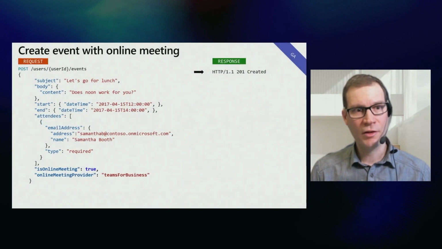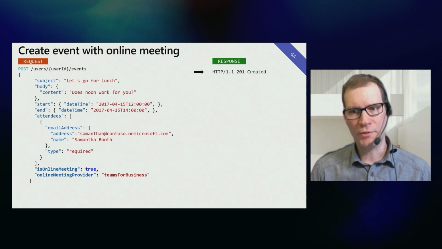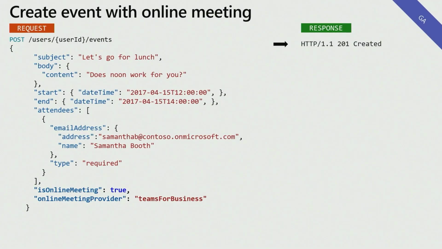Speaking of meetings, our app scheduled a meeting. To do that, we created a new event. The terminology in Graph is you have a calendar that is full of events. And so we wanted to create an event that has a subject. In our case, rather than go for lunch, it was about FBKM, about Fabricam.